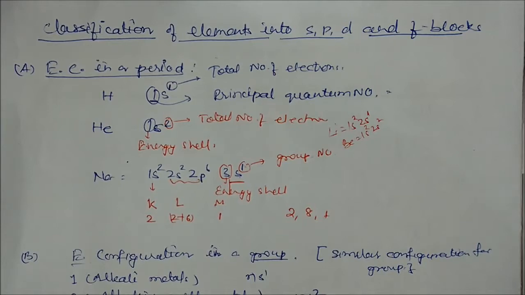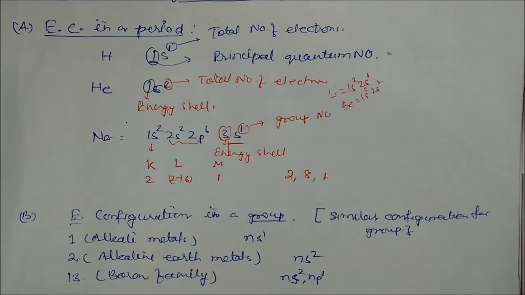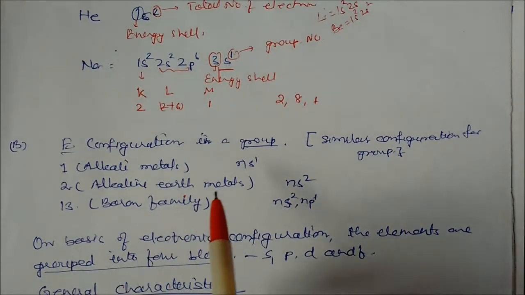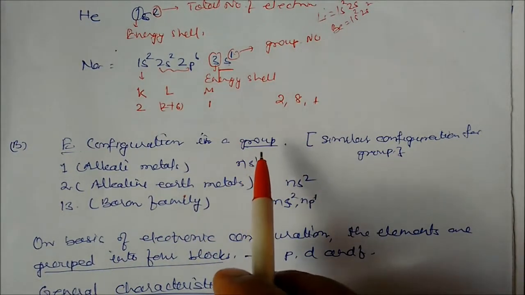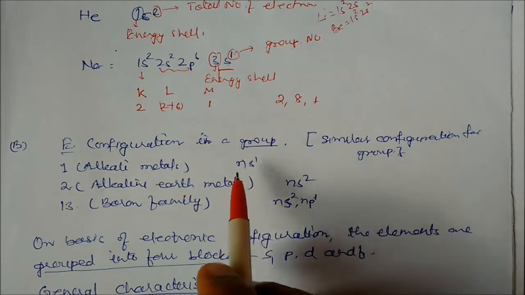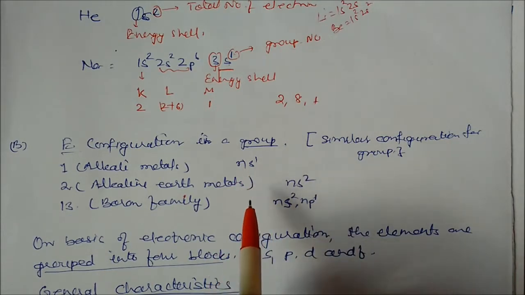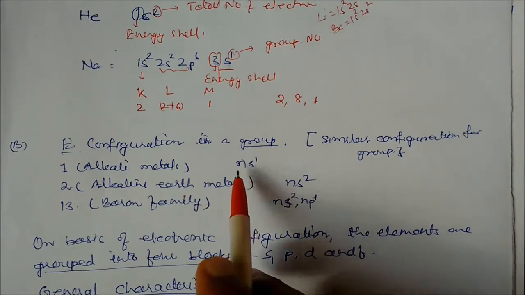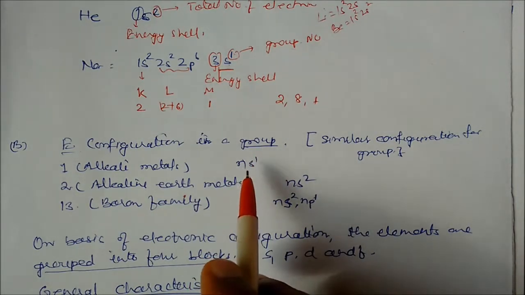Now for configuration in a group, as I just discussed, the last orbit of the last shell of the electronic configuration determines the group. So they have the same number of electrons present in them. For alkali metals, whatever period it is, it will always be ns1: 2s1, 3s1, 4s1, 5s1, 6s1.